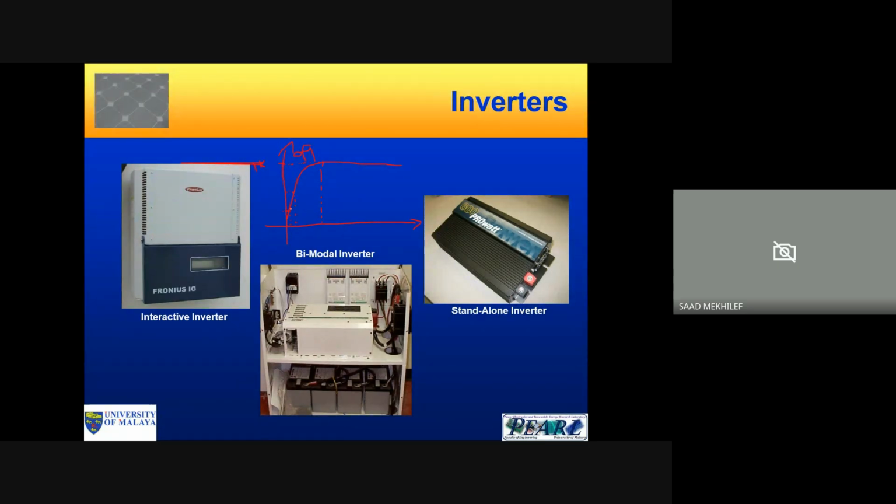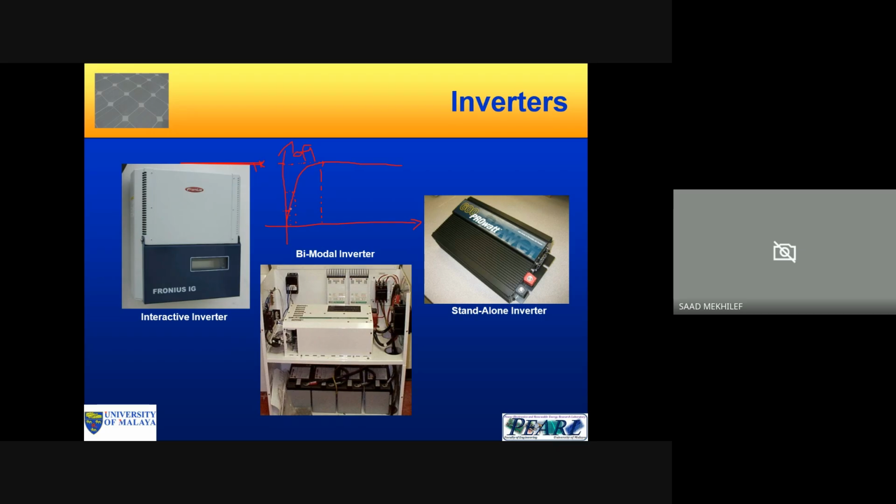So what does it mean? It means when we select the inverter, we have to make sure that the inverter operates at its maximum rated power. For example, if we select a 1 kilowatt inverter, that inverter should always be operating at 1 kilowatt or close to 1 kilowatt to get the maximum efficiency.